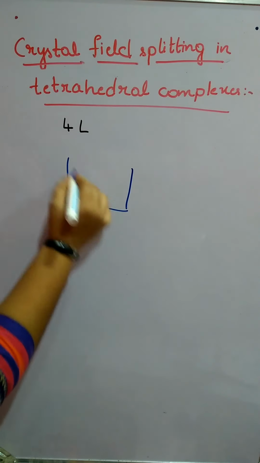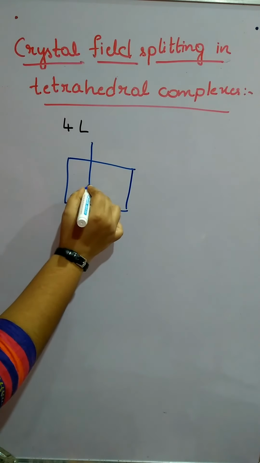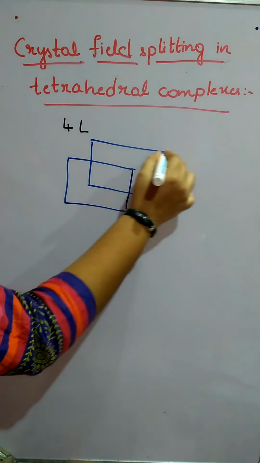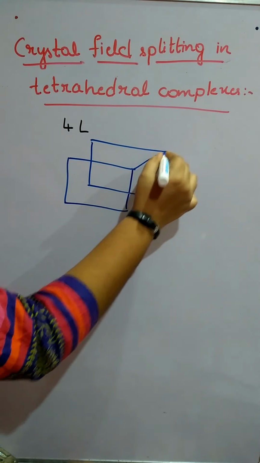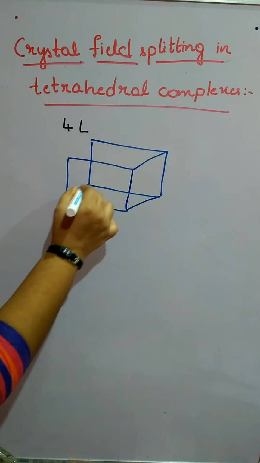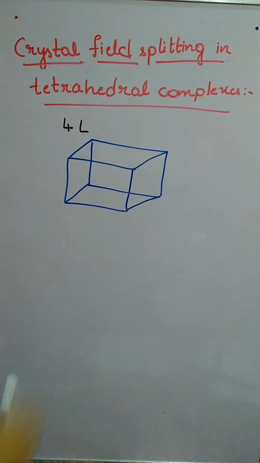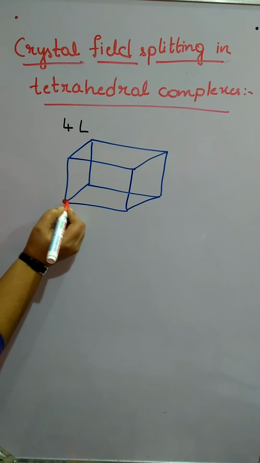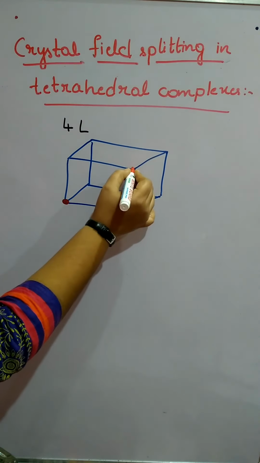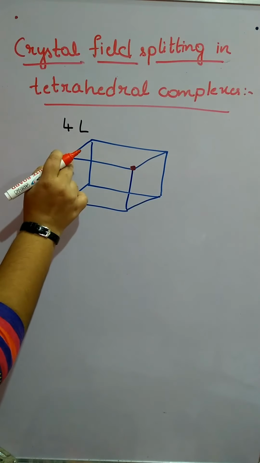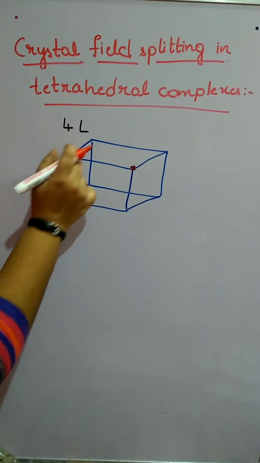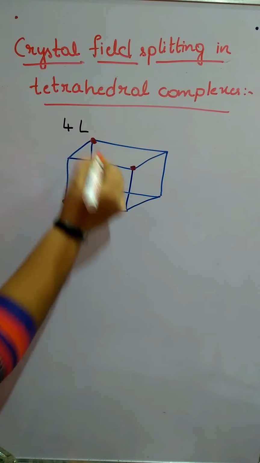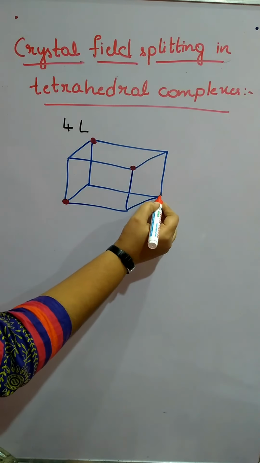in this cube, in alternative corners, each ligand you can just imagine. If this is one ligand, not here, here, not here, once again here, not here, here.